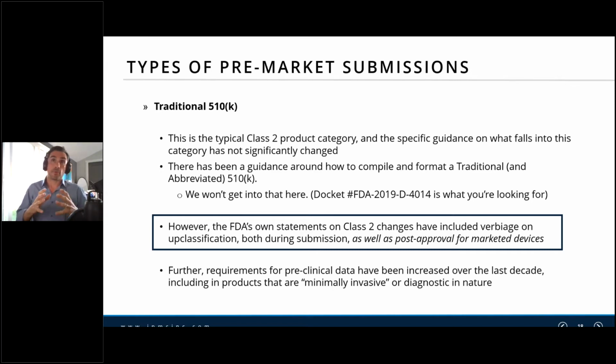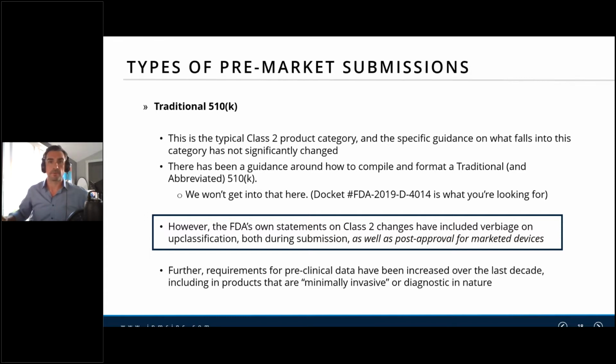Historically, a product that would plug into an existing imaging system, which is a class 3, may have been considered a class 2 because it was AI enabled and because it was giving new kinds of diagnostic data to the physician. They kept it a traditional 510K, but they required a significant amount of preclinical patient data. So again, this is a big deal. You've got to really pay attention. That's where your conversations with the FDA are going to come in handy prior to submission.